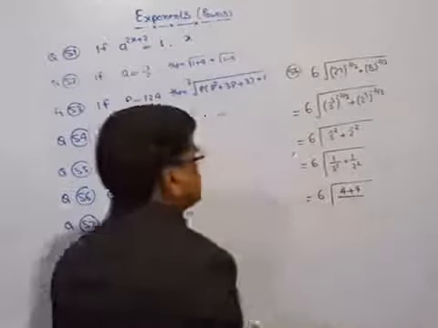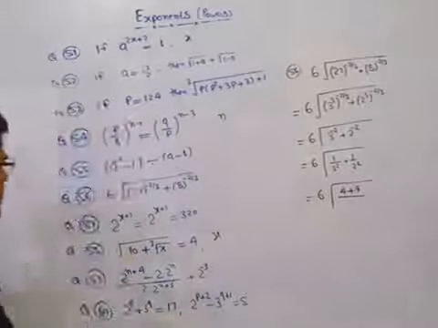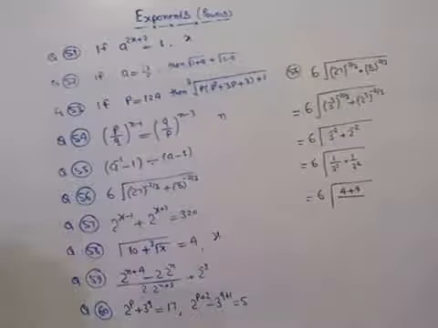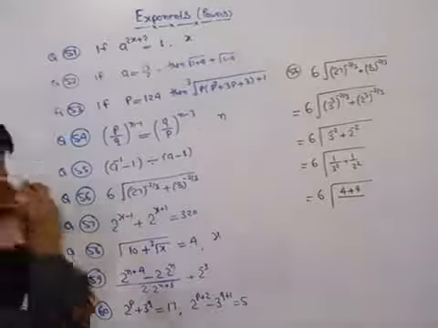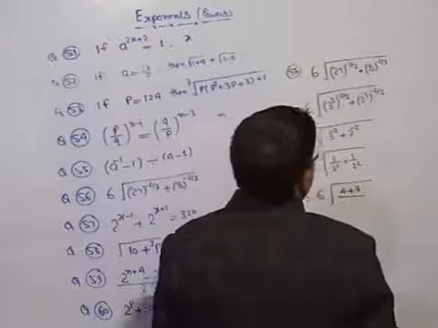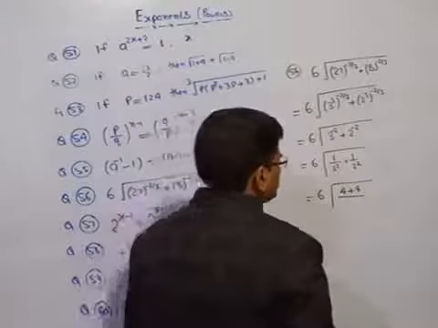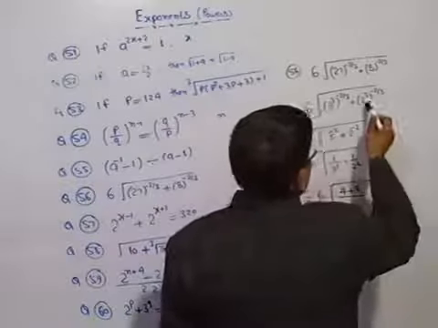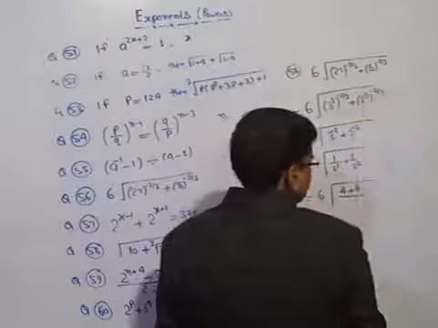This step is clear. Do you have any problem in this step? We can write minus 2 by 3, the 3 and 3 cancel out. Then 1 upon 3 to the power 2, 2 to the power 3 and 3 cancel out.